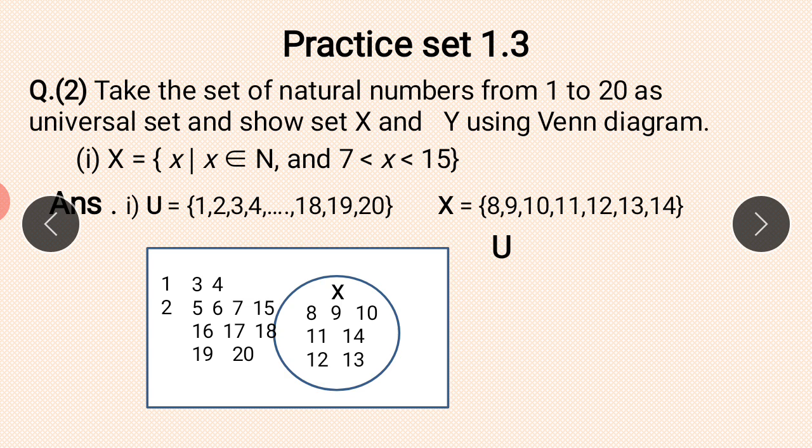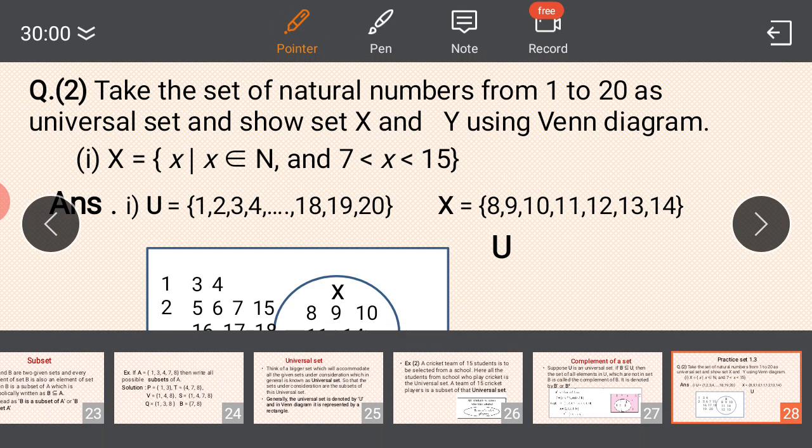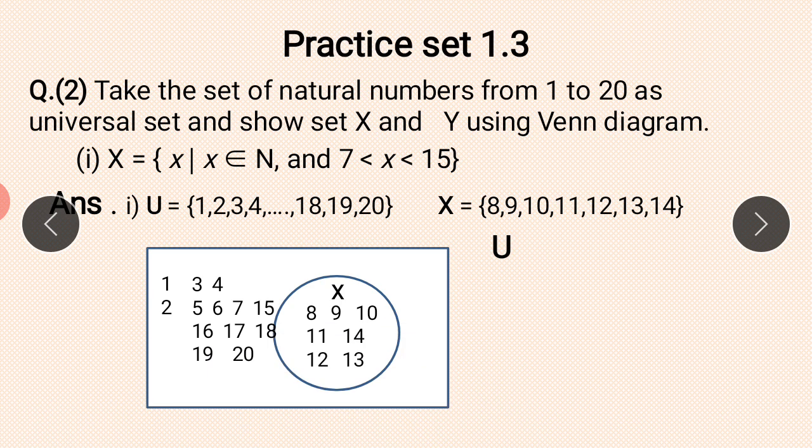Then denote by Venn diagram. Again for the Venn diagram you draw a rectangle, denote the capital U as the universal set. Inside of that draw one small circle, denote the set X. Set X has which elements? 8, 9, 10, 11, 12, 13 and 14.